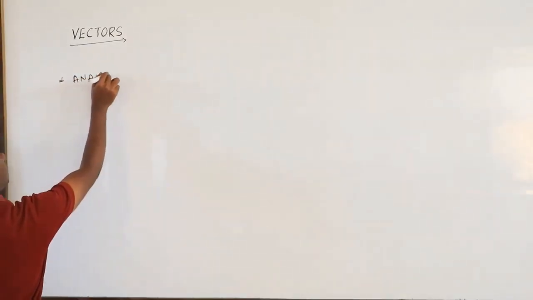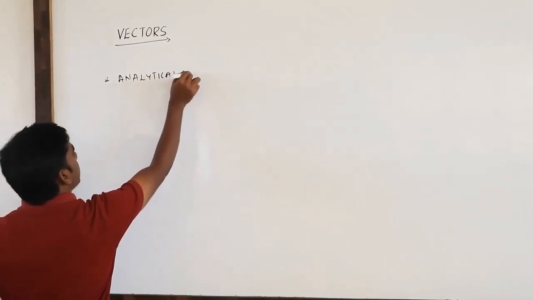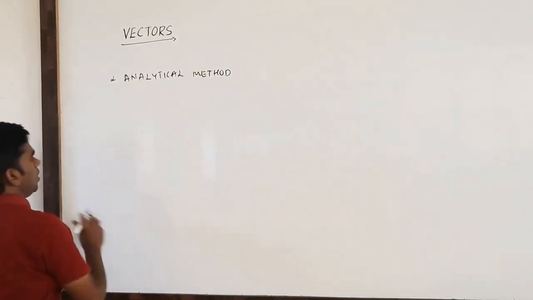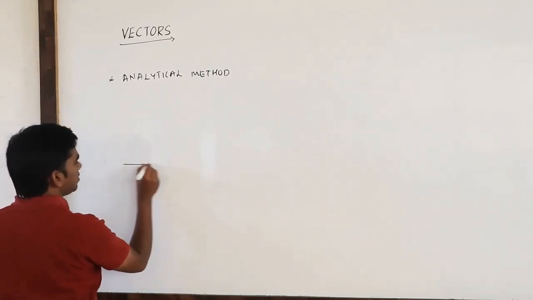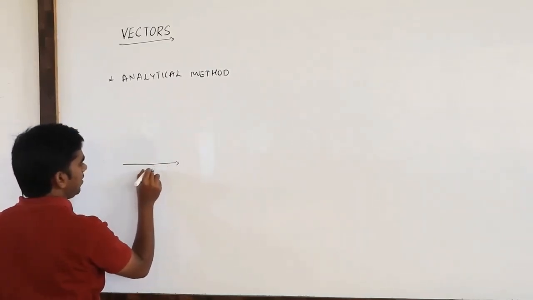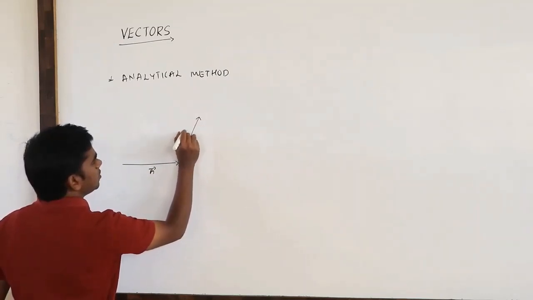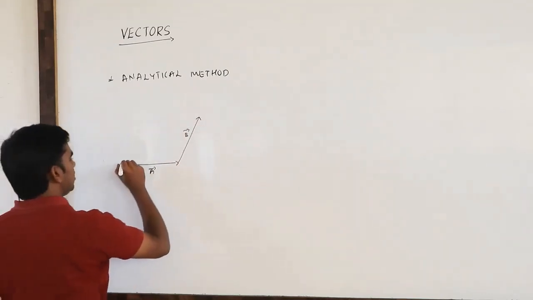Analytical method. If there are two vectors, this is vector A and here is vector B, the resultant is going to be here.